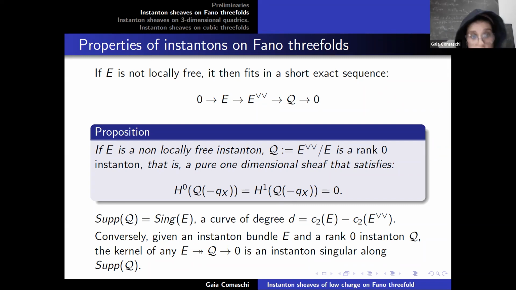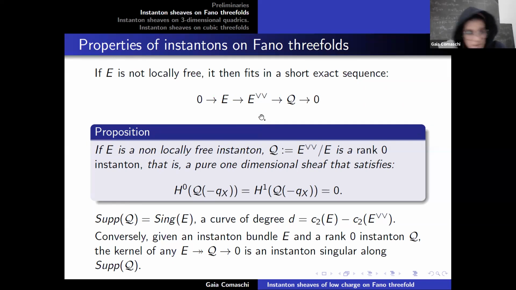The sheaf Q is supported on the singular locus of E, that is therefore a curve that has pure dimension 1. And from this short exact sequence, we can compute that this curve will have degree equal to the charge of E minus the charge of E double dual.